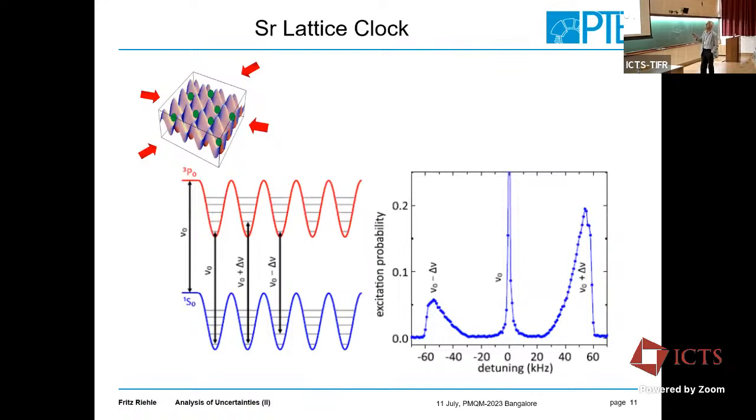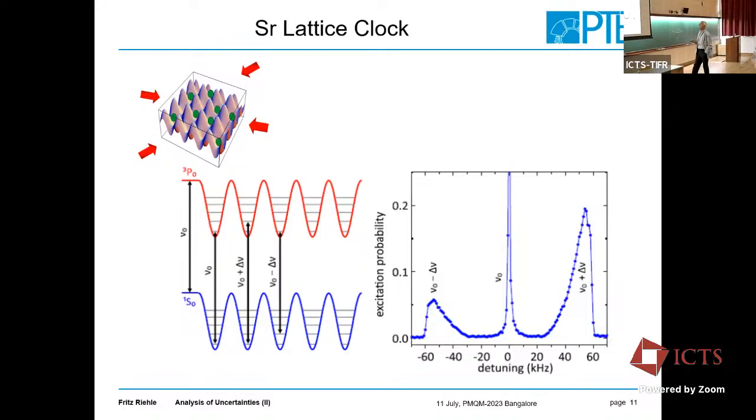In this lattice, if the atom moves a little bit, it will see a parabolic potential. This means the motion of the atom will be quantized in the ground state and as well in the excited state.